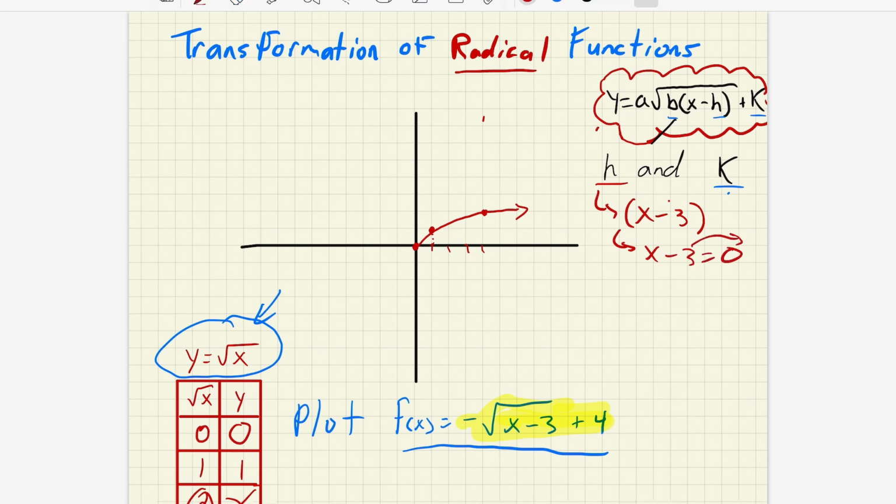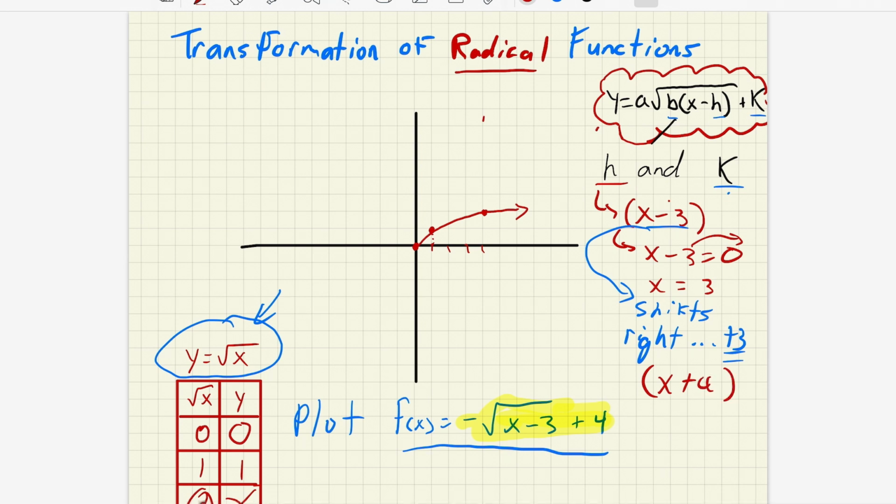If I solve for x, it goes on the other side. It becomes x equals 3. So when there's a minus, this x minus 3 over here would actually mean that it shifts to the right because it's really a plus 3.